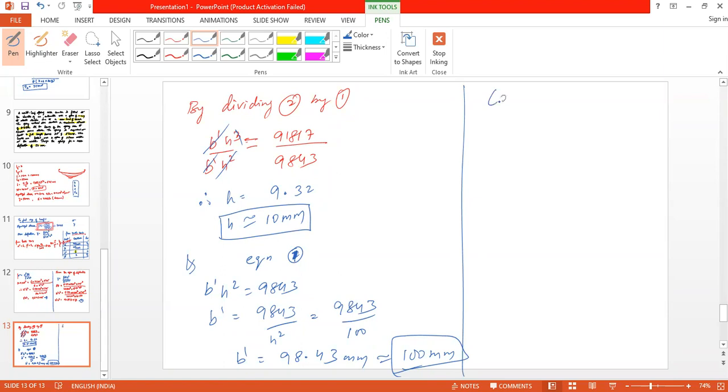So the next is camber. We need to find the value of camber. The camber C is equal to beta dash S L cube by I b dash E h cube. So you know all the values here. So tell me the answer for camber.